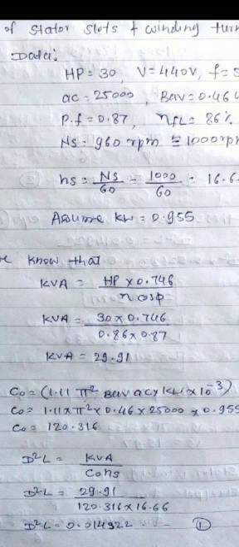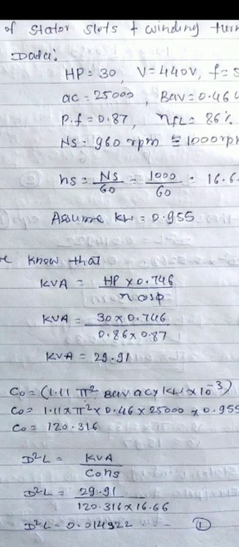Putting in the values: 1.11 into pi square, B average is 0.46, AC is 25,000, kW is 0.955, into 10 raised to minus 3. Calculating that value, C0 is equal to 120.316.